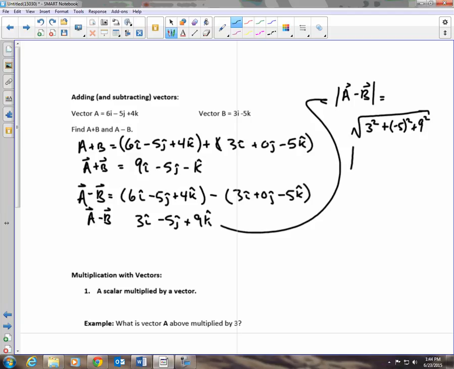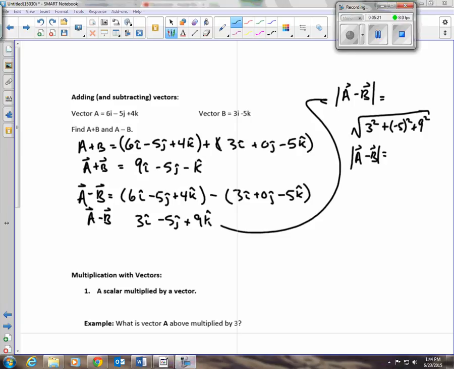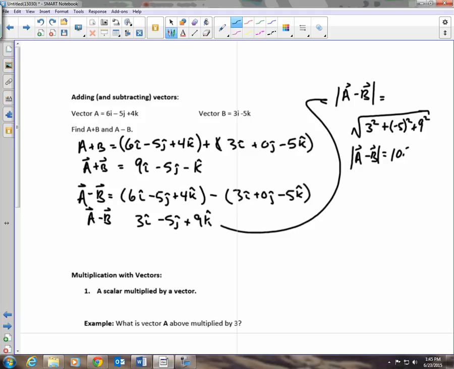And when I solve that, I would find the length of A minus B is going to be equal to 10.72. Now, the direction is a lot trickier since it's going in 3 dimensions, so we're not going to bother with that in this case.